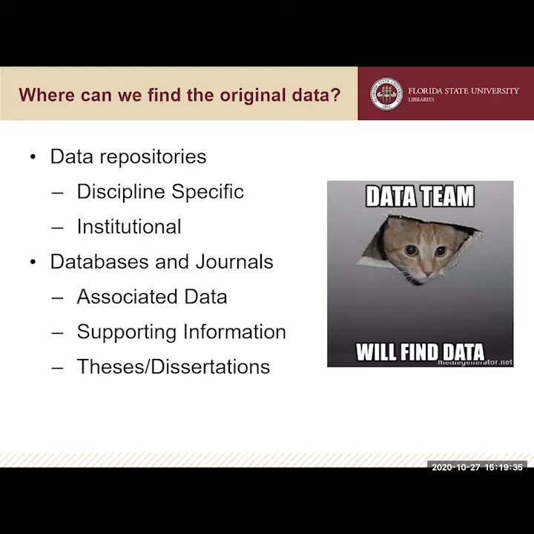The reason that finding the original data is important, and there are growing numbers of ways to find this data, is really both transparency and openness of data and the research enterprise, right?